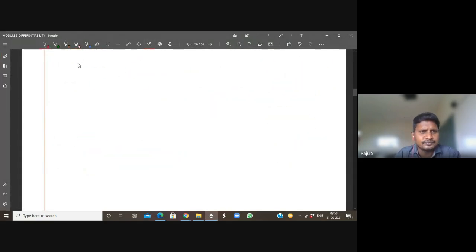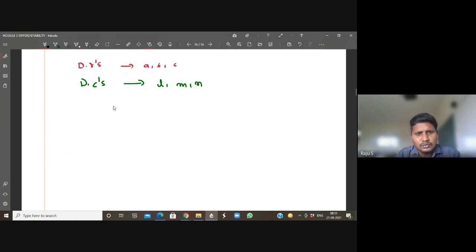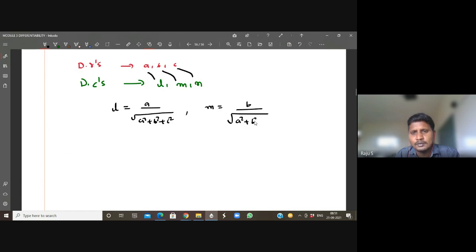When the direction ratios are a, b, c and I want to find the direction cosines, denoted by l, m, n, then l is given by a by root over a square plus b square plus c square. m is equal to b by the same root over a square plus b square plus c square.